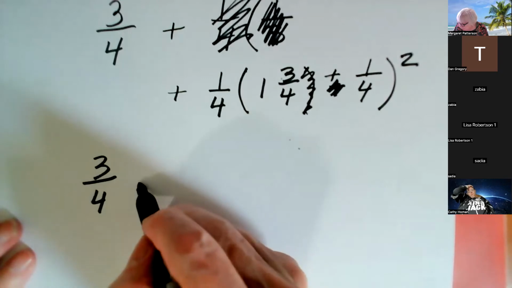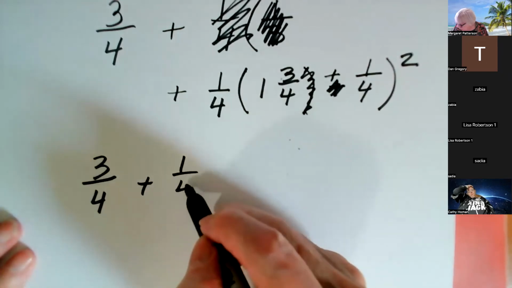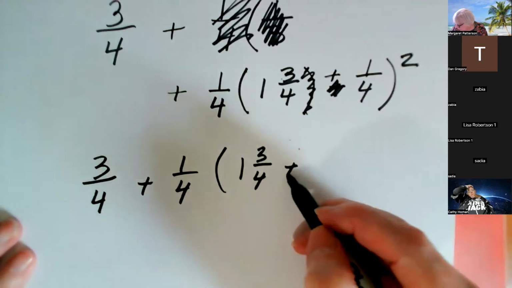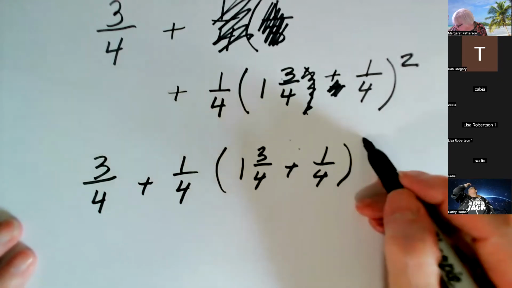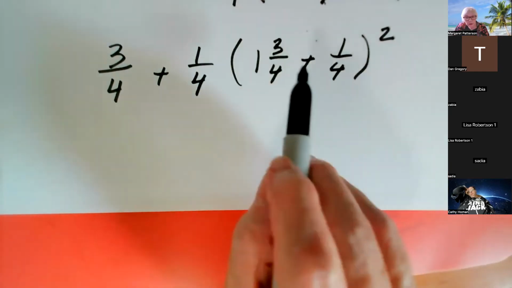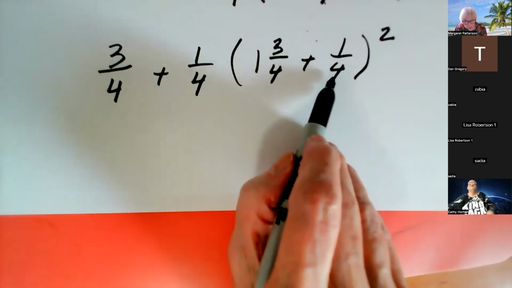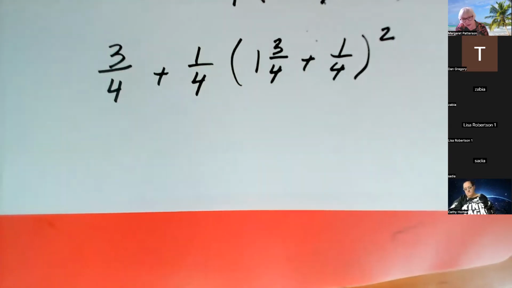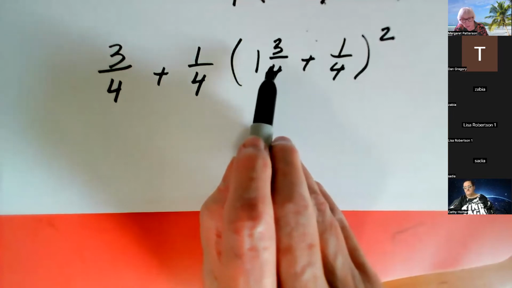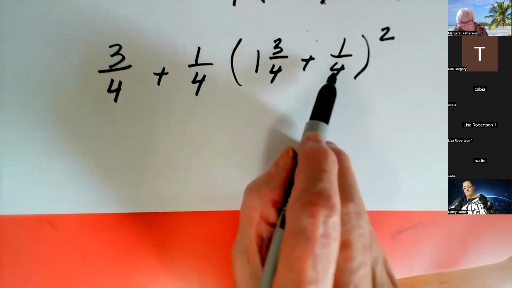This one, we did one like this the other day. Okay, so that's the problem I want to do, so you're going to do parentheses first. The problem we did on Monday was like this, the 1 3/4 plus 1/4.